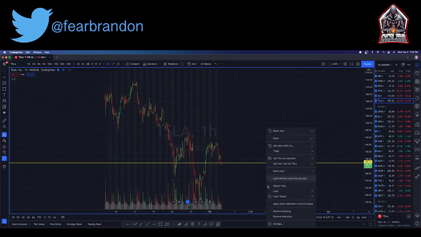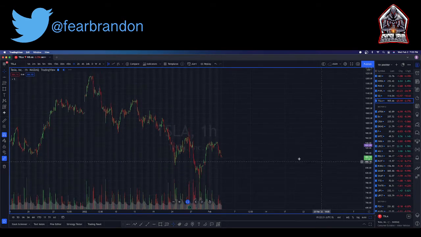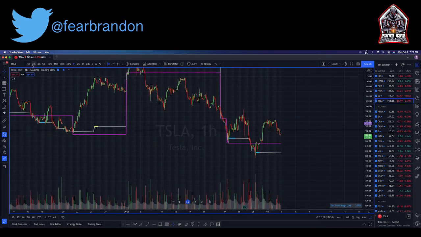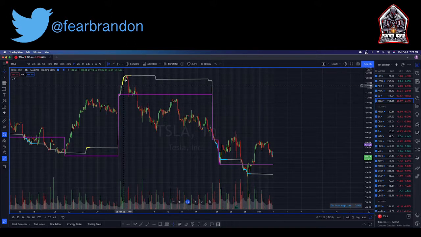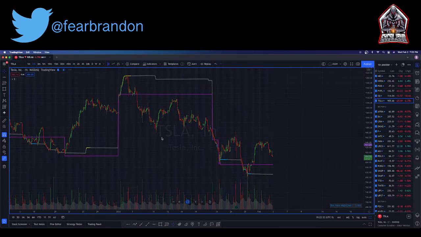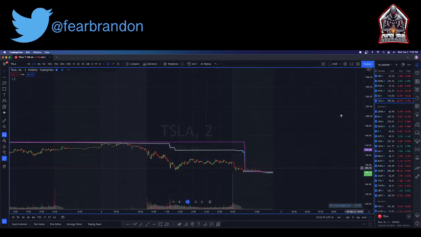Tesla really works well with kind of 2 minute, 1 minute, 10 minute. We did break above here, but when we broke below, that was a great short, and it came back up.